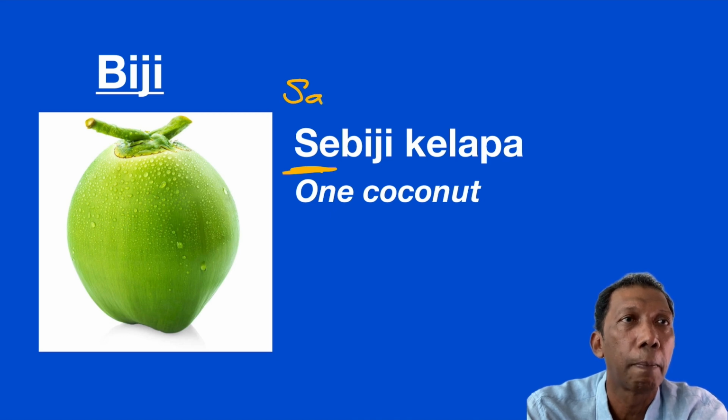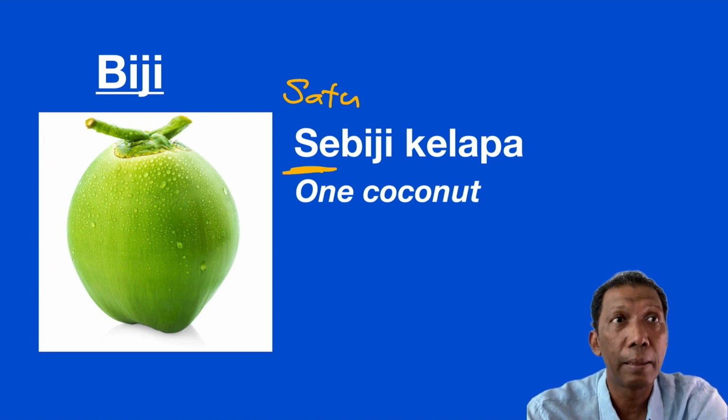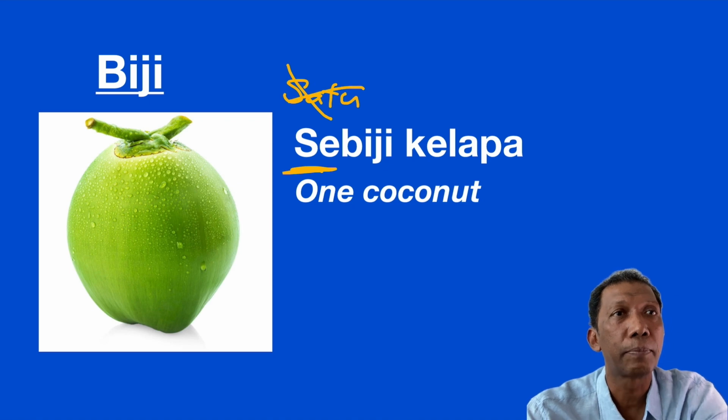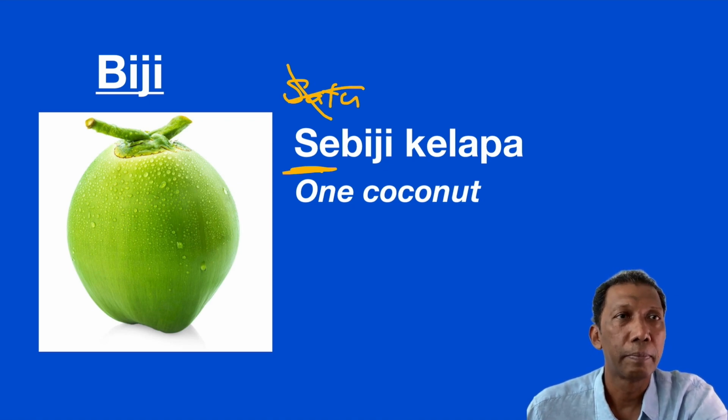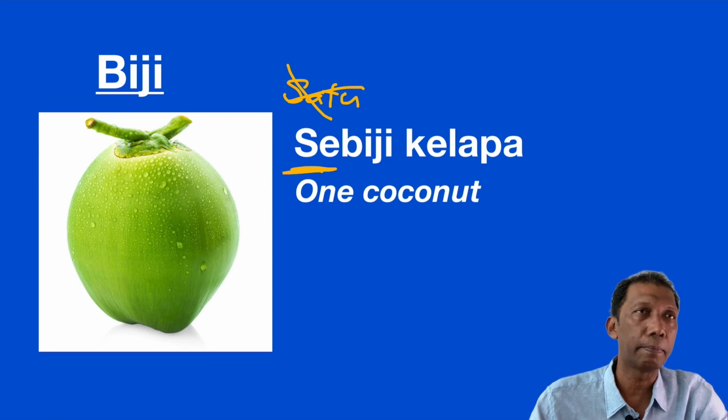Kelapa is coconut. We would not say satu biji kelapa. Well, you can say satu biji kelapa, but it would be much better if you say sebiji kelapa. So that takes care of our first counter for today.